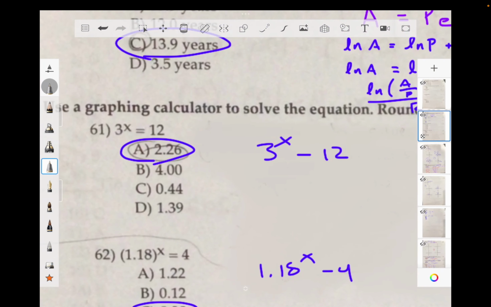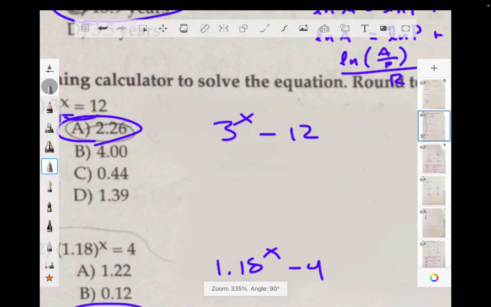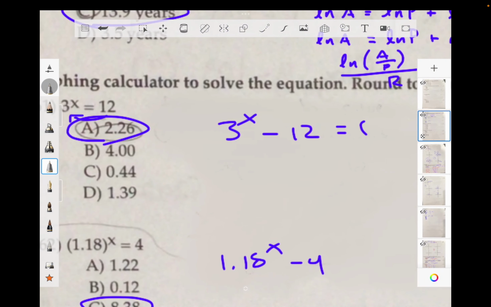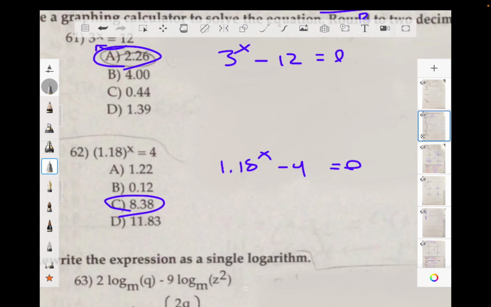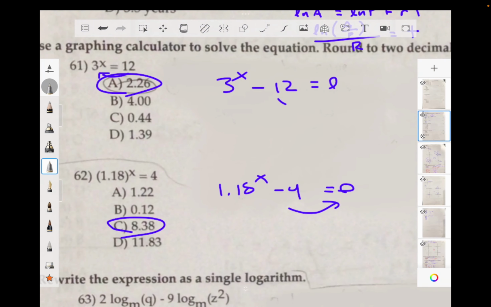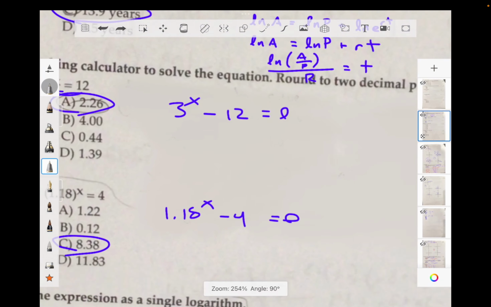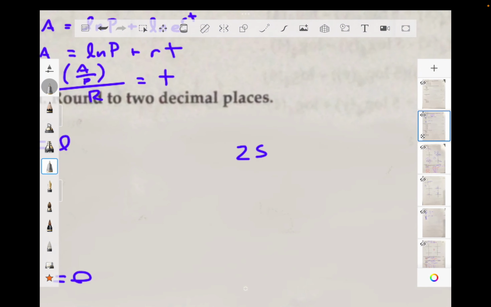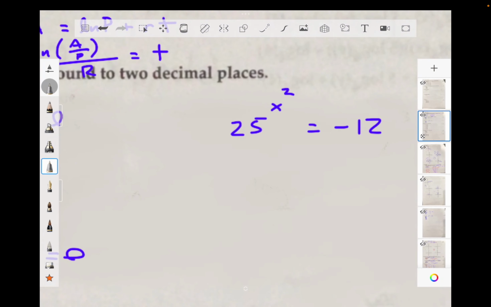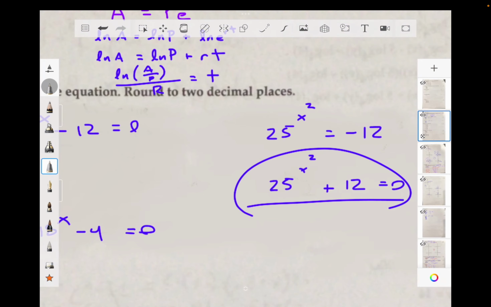So I bring the 12 over here, which is subtract 12 on both sides, so this is equal to 0. If you were to bring the 4 to this side, it's the same thing. If the question was like 25x squared, for whatever reason, equals negative 12, if I want to bring it to the other side, it's going to be 25x squared plus 12 equals 0, and I graph that and see where the line crosses the x-axis.